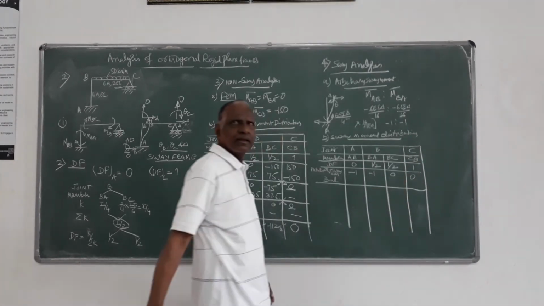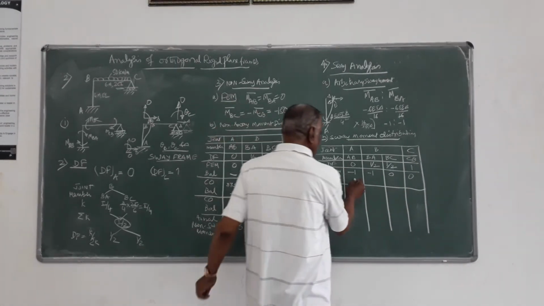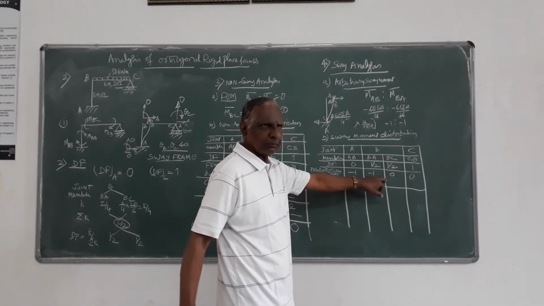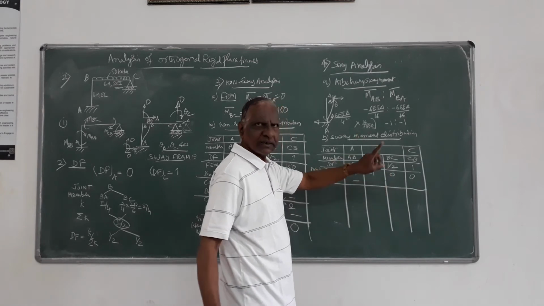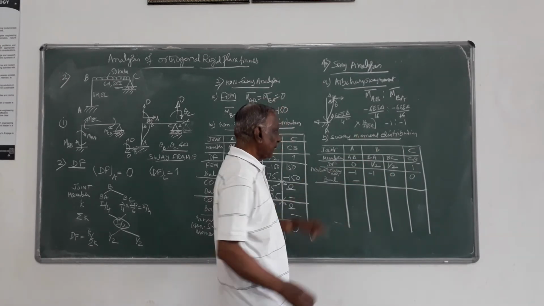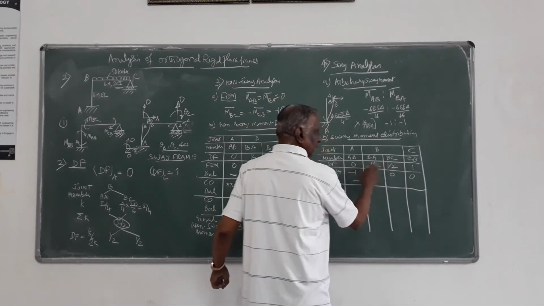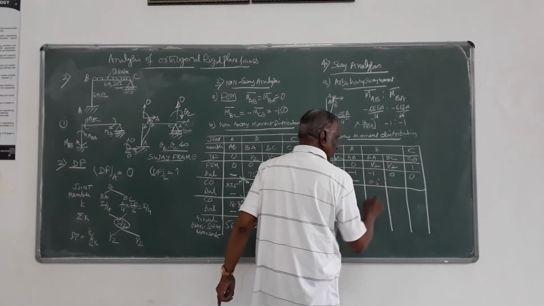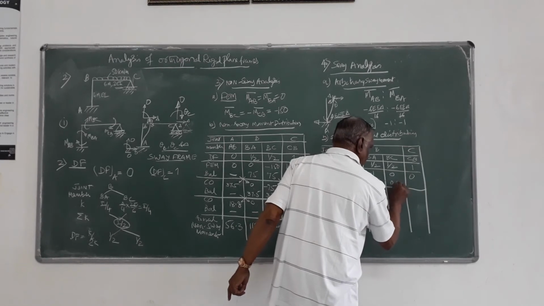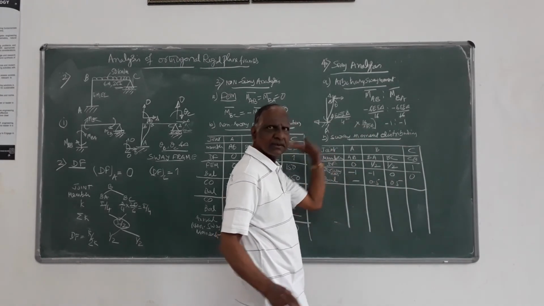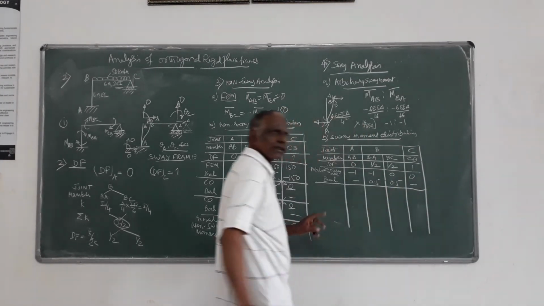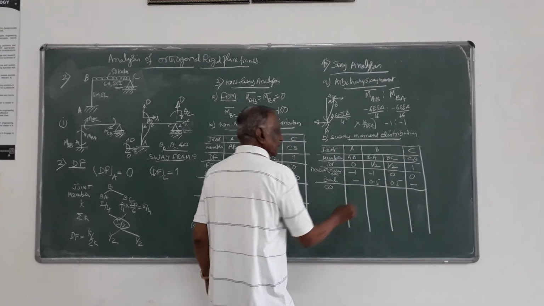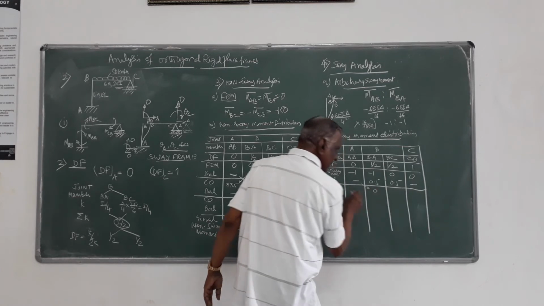Balance. Here, at A, no balance because it is fixed. Here, the sum of the moment should be 0, minus 1 plus 0, minus 1, balance will be plus 1. Plus 1 has to be distributed in this proportion, that is plus 1 into half, plus 1 into half, 0.5. Now you see the sum is 0. Here, nothing is there, so leave it. And carry over AB to BA, nothing is there.